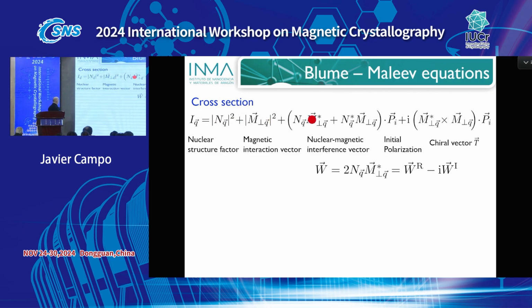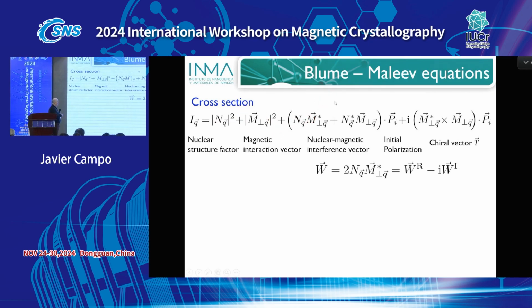But today, because we are considering the polarization of the beam, that our beam has one initial polarization, we obtain the interference vector here, which is a vector that contains the nuclear structure factor and the magnetic interaction vector together.